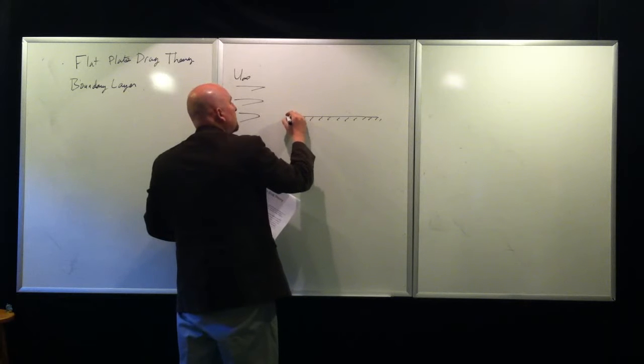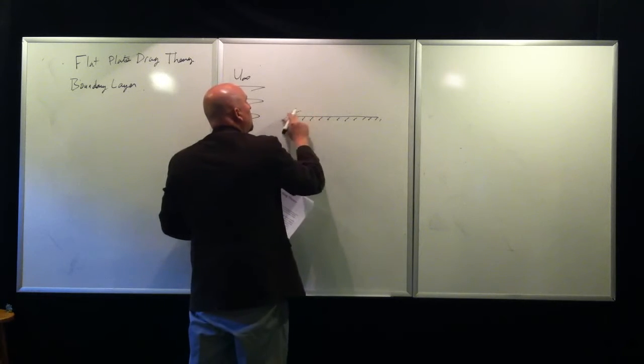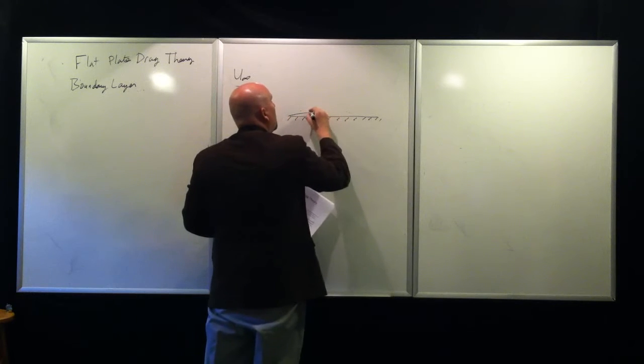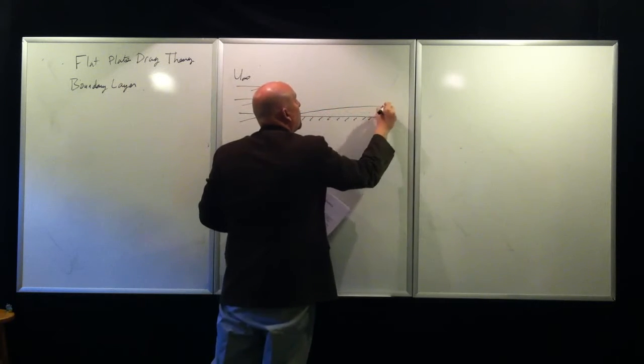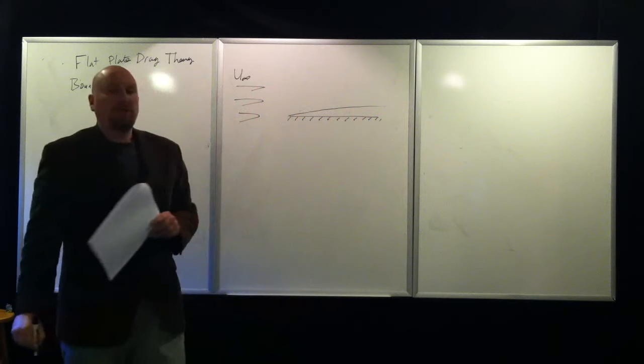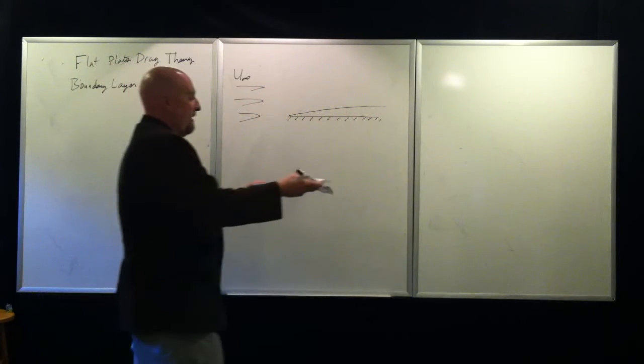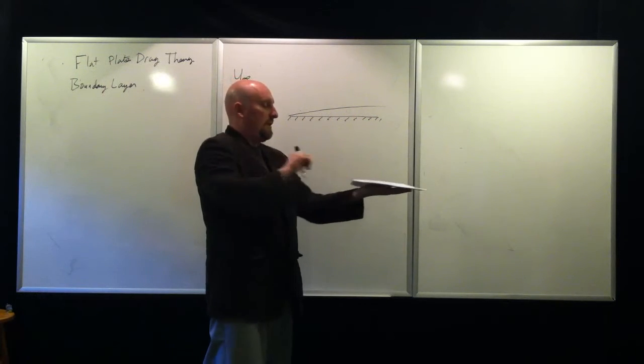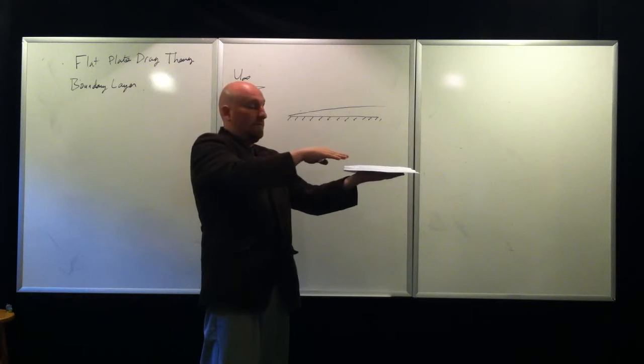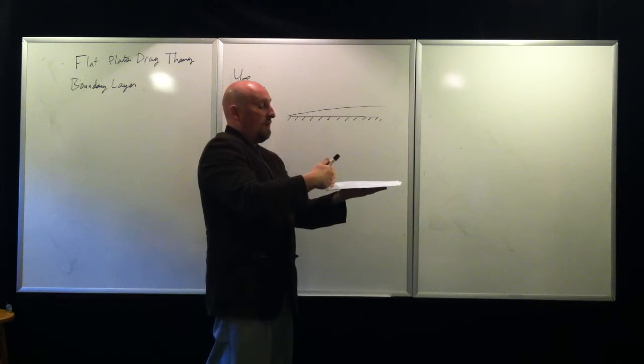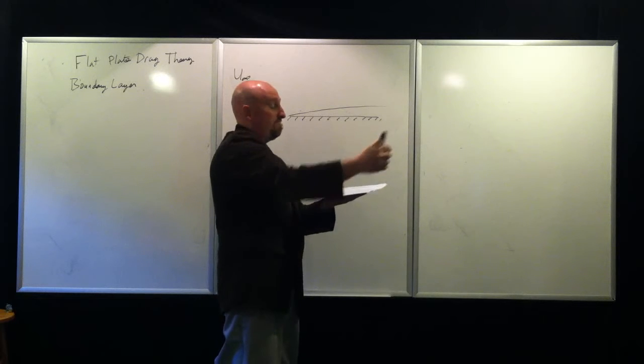If we represent this, we're going to call this a boundary layer. If you have a flat plate, such as this paper, air or liquid or water going over it, we're going to have what we're going to call and define as a boundary layer.